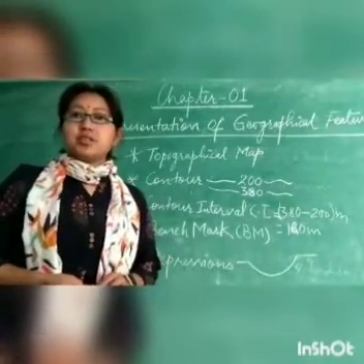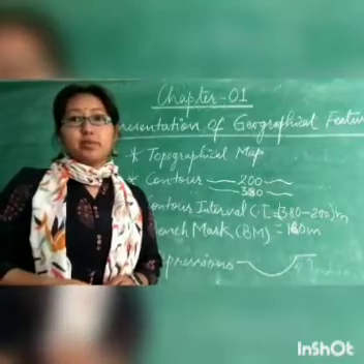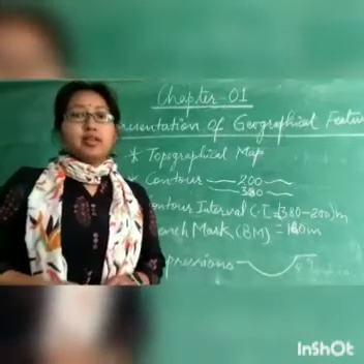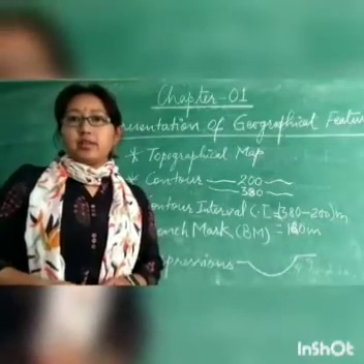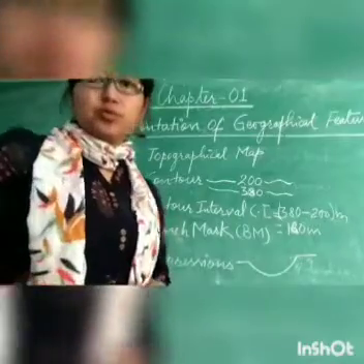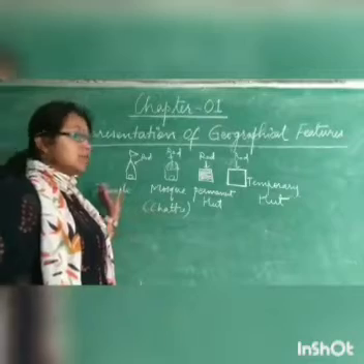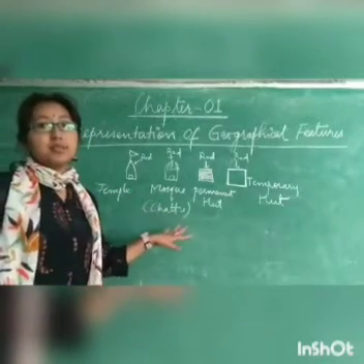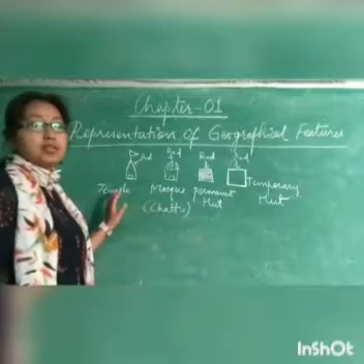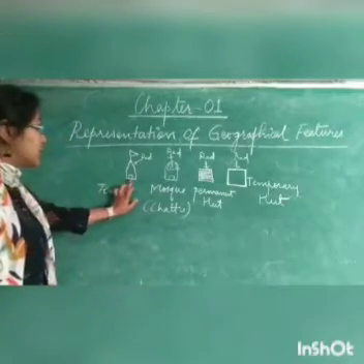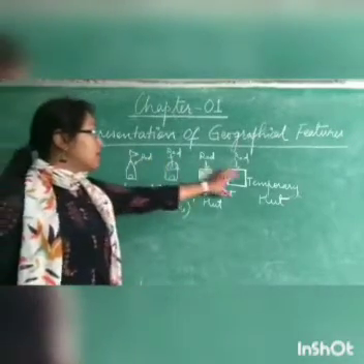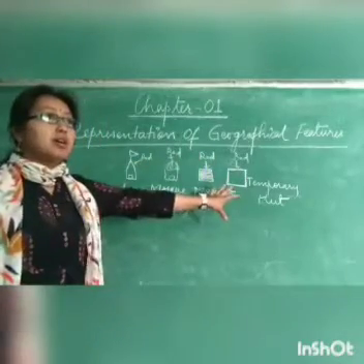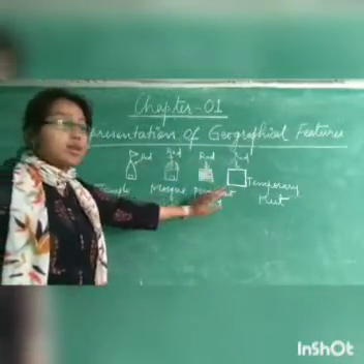So let's move to another topic. That's the conventional signs and symbols, which is very, very important in the topographical map or topo sheet. Just note down these symbols. These conventional signs and symbols are not given in your book, so I suggest you note them down. All these features are drawn in red color, right?